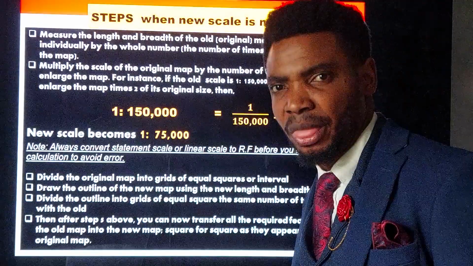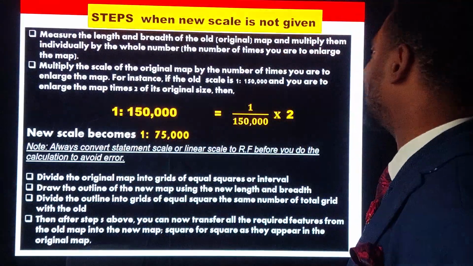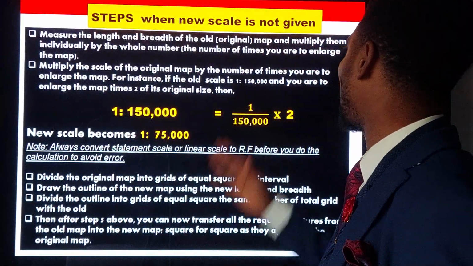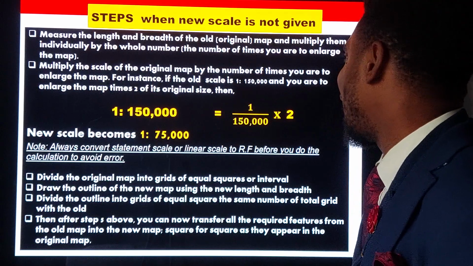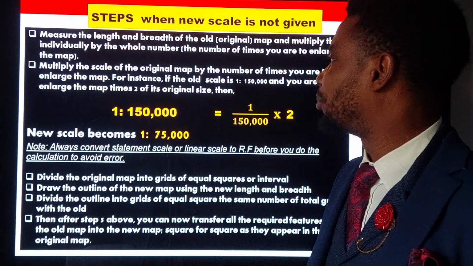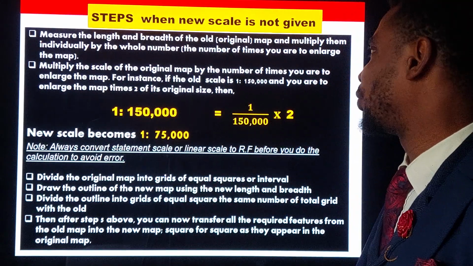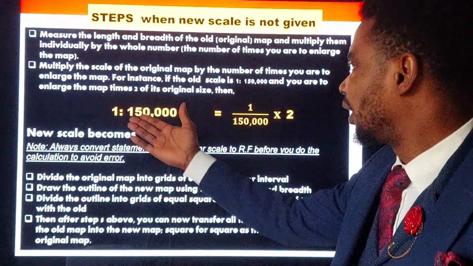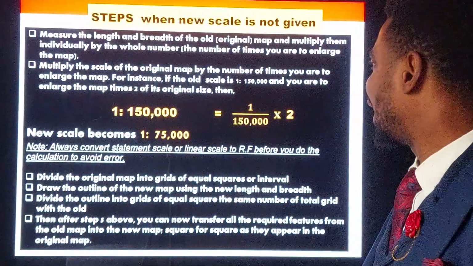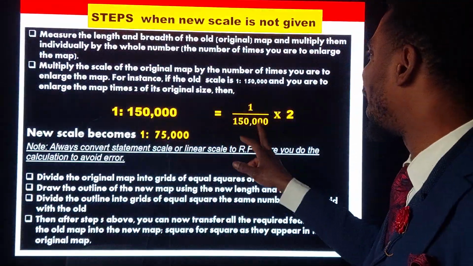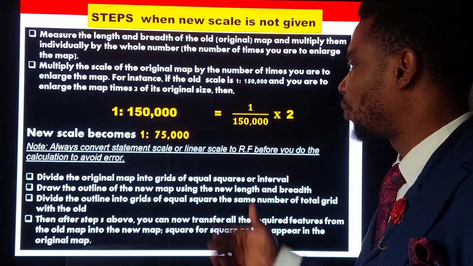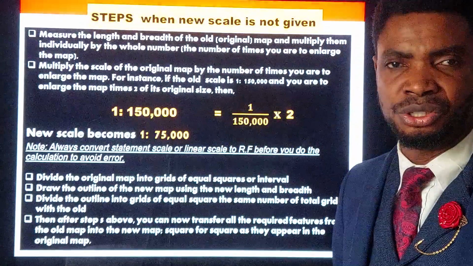For instance, if the old scale is 1 to 150,000 and you are required to enlarge the map 2 times its original size, you will say 1 over 150,000 divided by 2, and that will give you 1 to 75,000.